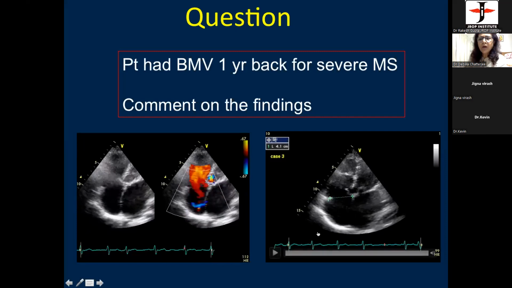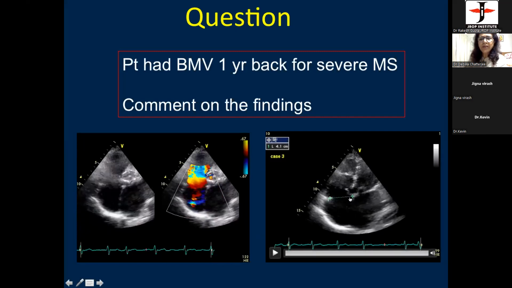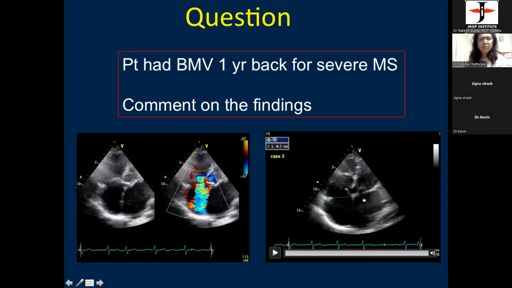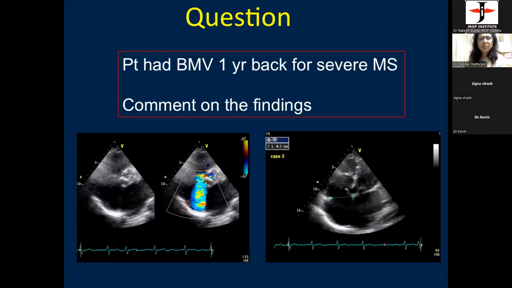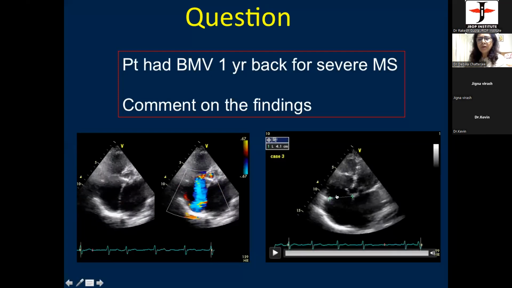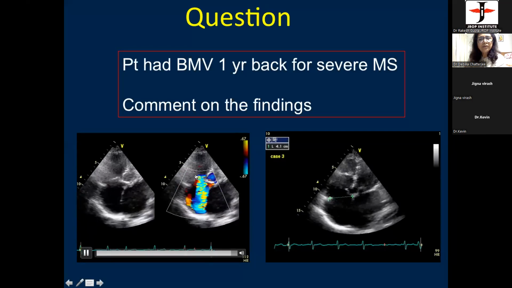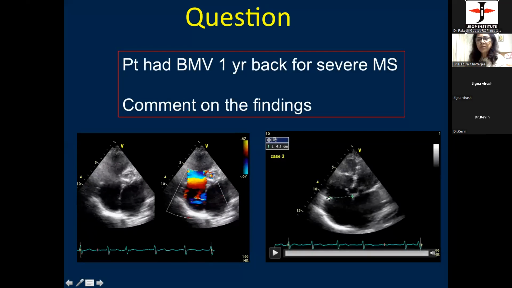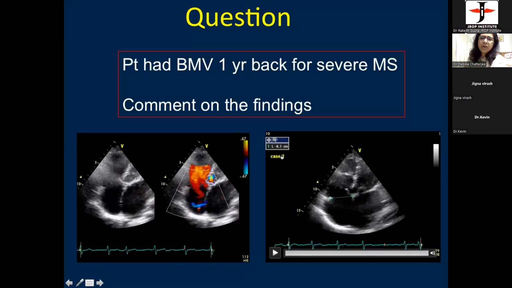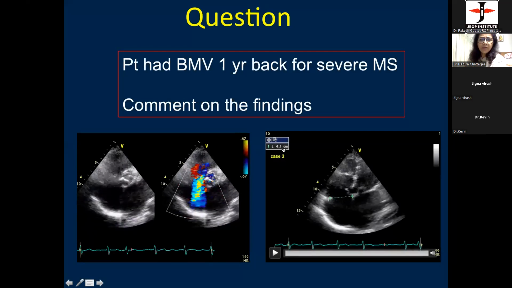Dr. Bora, what did I measure here? Ma'am, vena contracta. The vena contracta is here. Tricuspid annulus, correct. It's quite dilated, 4.1 centimeters.